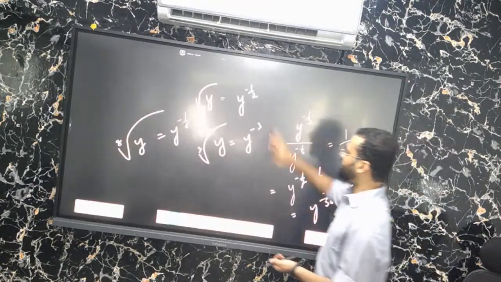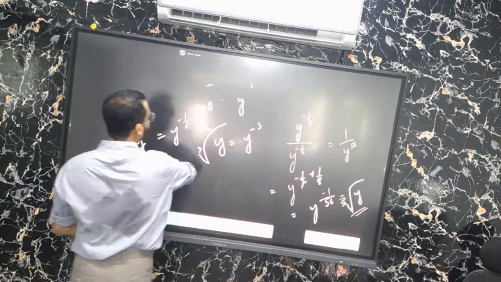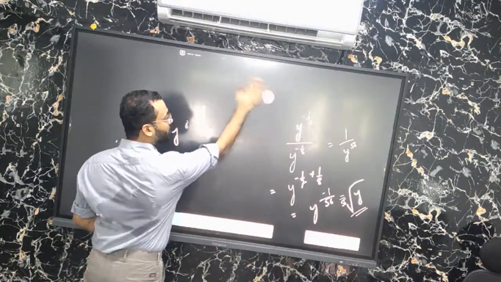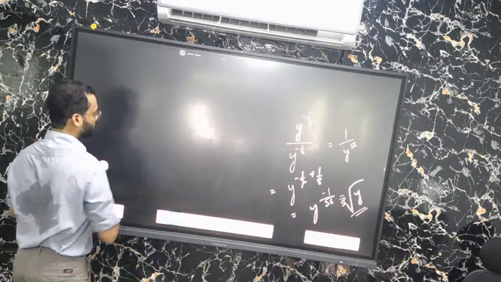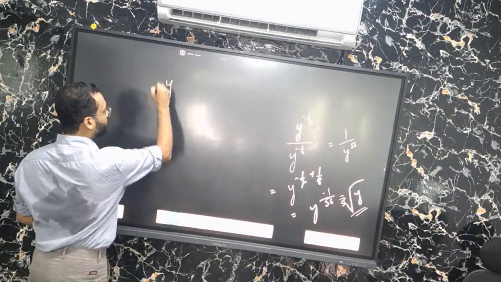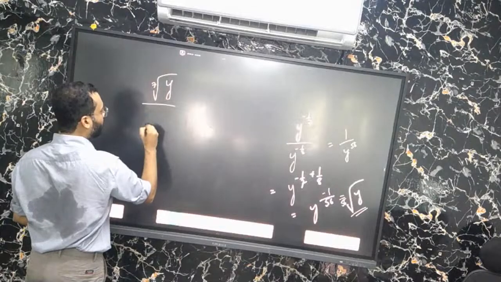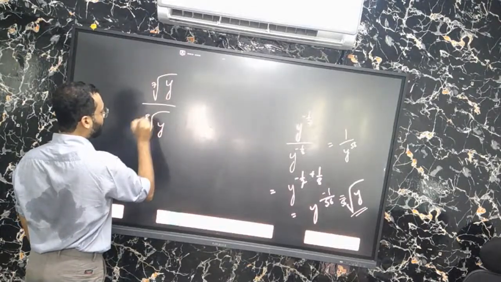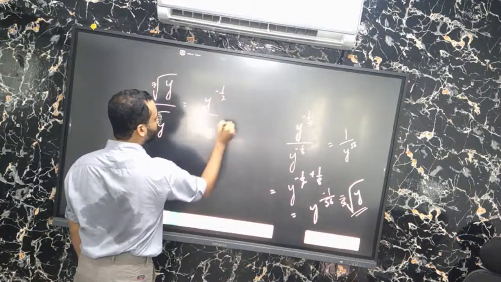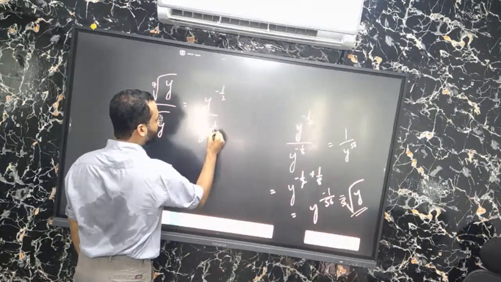See, I can write this in two, three different forms, one in terms of roots, one in terms of indices also. If I have seventh root of y divided by eighth root of y, I can simply write it as y to the power of minus 1 by 7 divided by y to the power of minus 1 by 8.